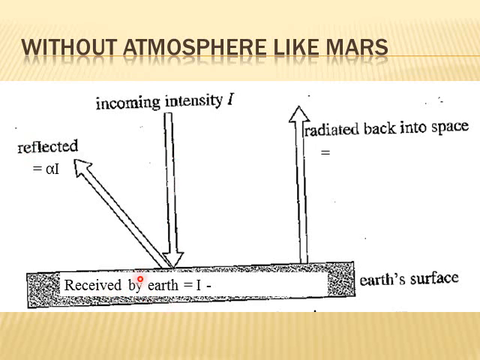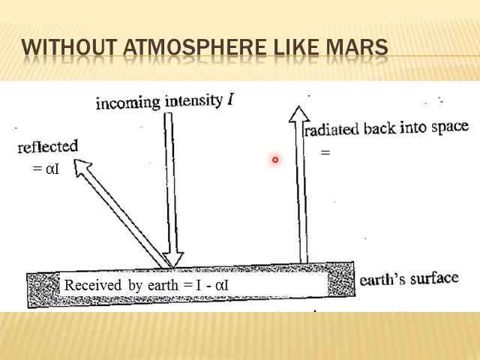Some of it is reflected, and the other amount that's not reflected is absorbed into the Earth. So the total amount being absorbed would be the original amount, I, minus whatever is reflected: the intensity minus albedo times I. Now, how much should be emitted if it's going to remain at a constant temperature?